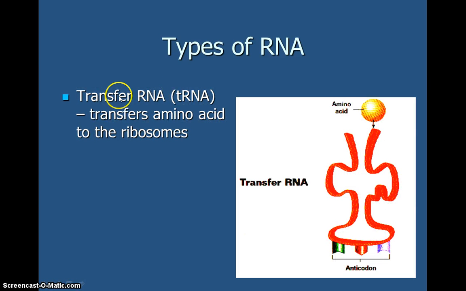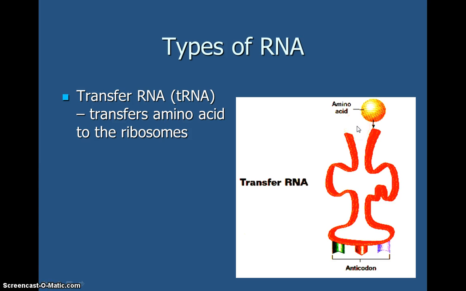The next one is tRNA, which is transfer RNA, and that transfers amino acids to the ribosome. So here we have the ribosome, and we have the tRNA coming in to transfer that amino acid.